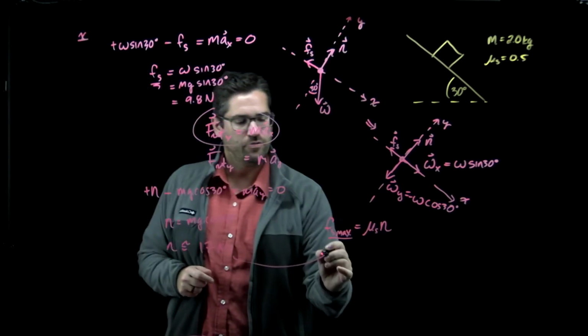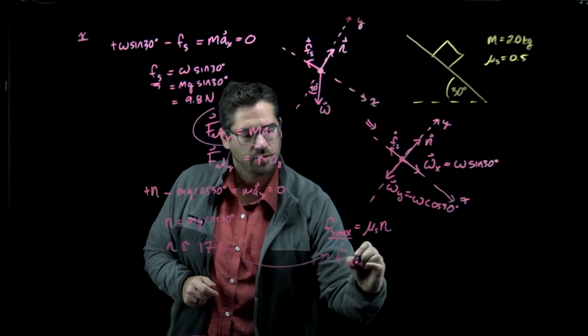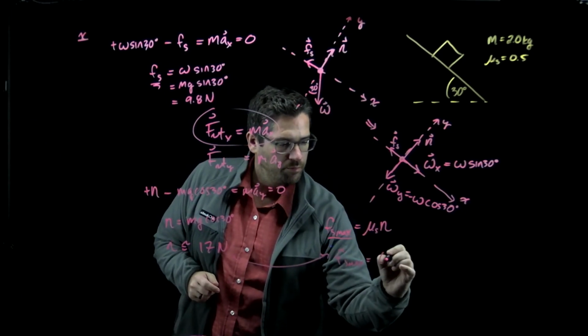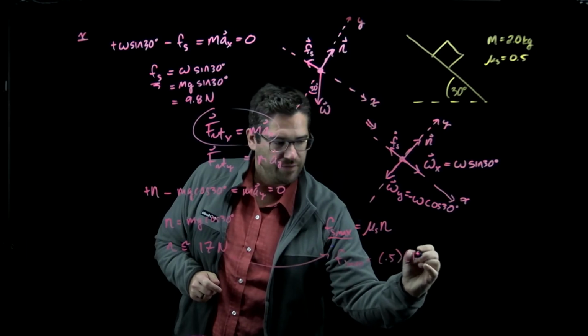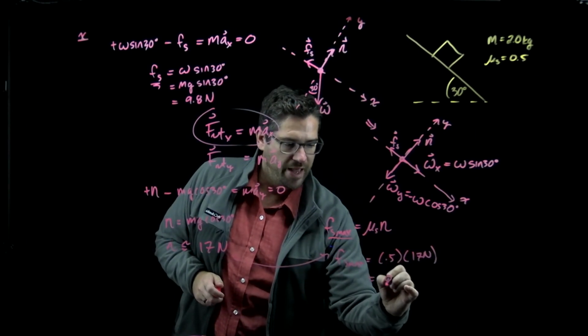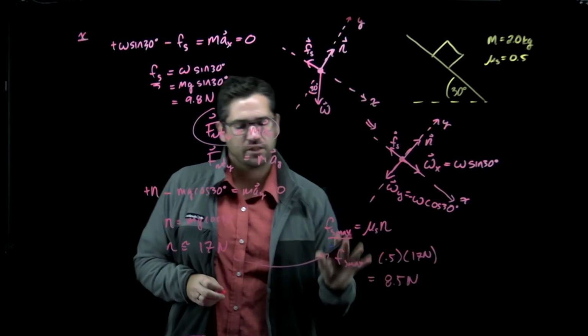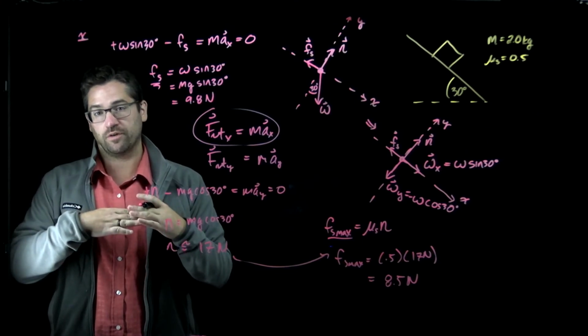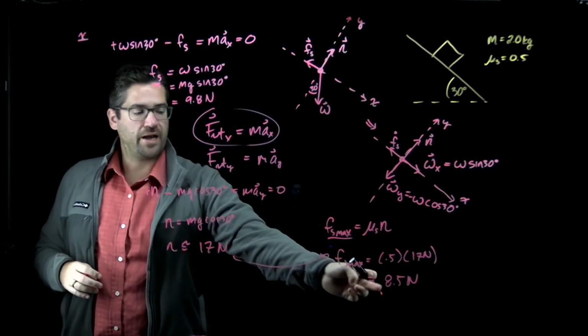I bring that back over here, so Fs max for this surface is 0.5 times that 17 newtons. That gives us about 8.5 newtons for the maximum friction force that can be generated between these two surfaces. So that's the maximum amount.